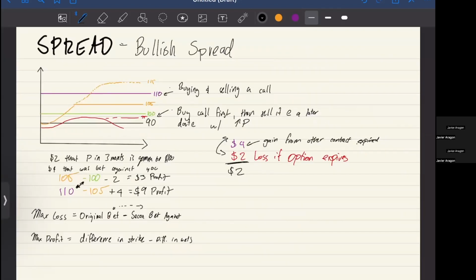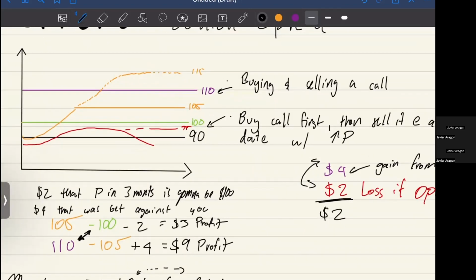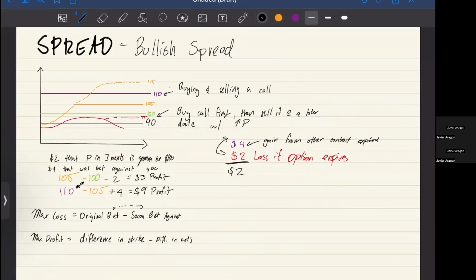So that is called a bullish spread. It is pretty complex to wrap your head around, but this is essentially a bit of how it looks. I hope I'm not confusing you guys with a lot of the wording, but just remember, you're putting yourself a ceiling in order to either finance it or just protect your losses.